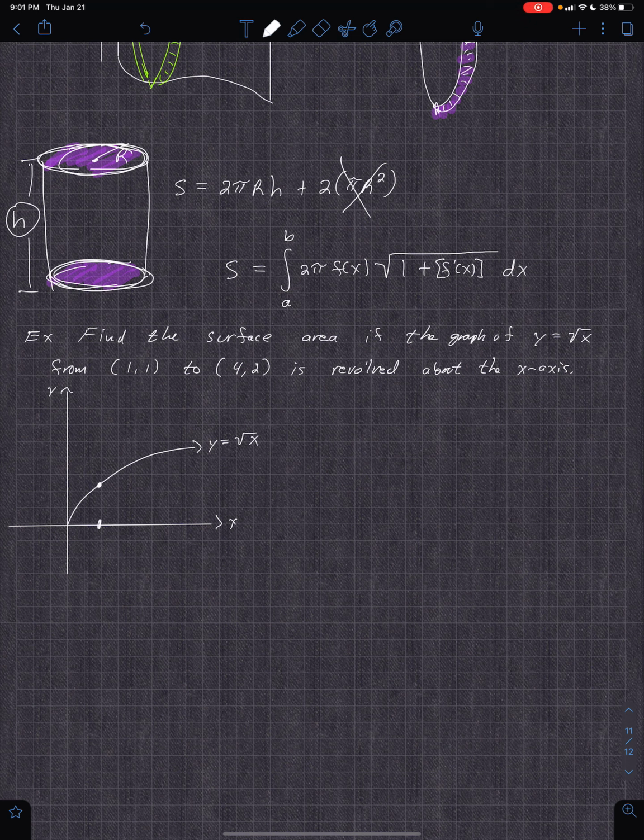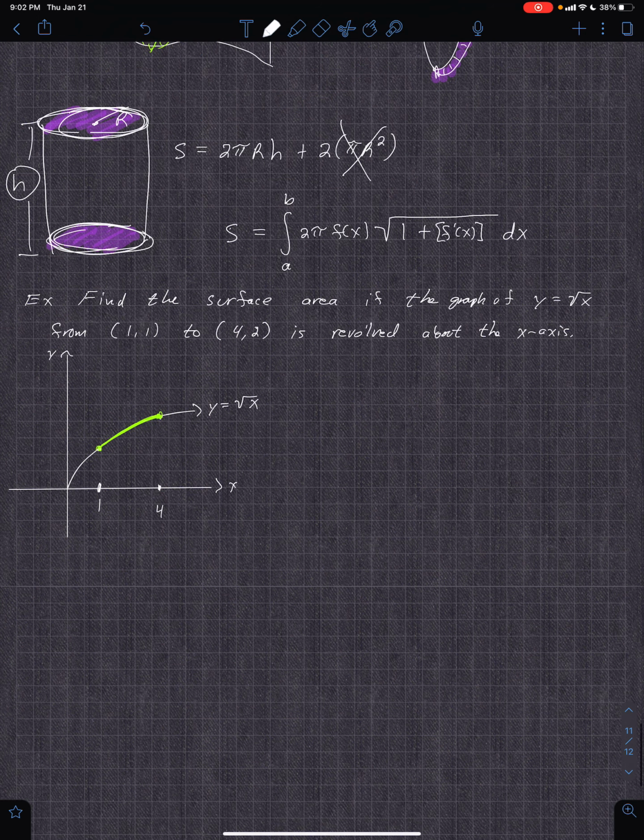I'm not going to match anything, just free flowing today. So 1 to 4, so it's this piece right here that we're looking at. That little piece is being revolved about the x-axis, and it's going to create a strip like that and like that, and so it's this strip. You can picture that.